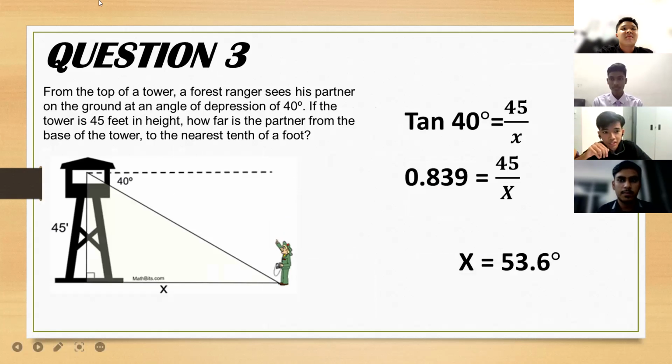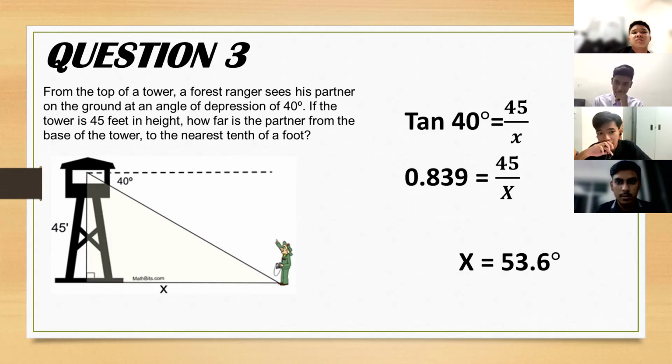Okay, the last question. On top of a tower, a forest ranger sees his partner on the ground at an angle of depression of 40 degrees. If the tower is 45 feet in height, how far is the partner from the base of the tower to the nearest tenth of a foot?